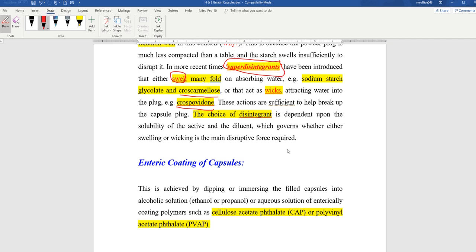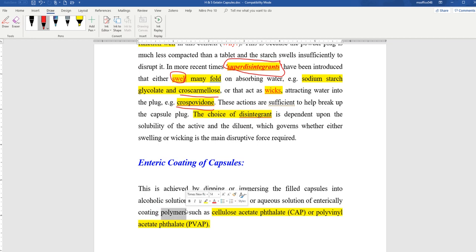If we want to do it, then after filling the capsule shells with the formulation and closing the capsule, we can immerse or dip the filled and closed capsules in either ethanol or even an aqueous solution containing the enteric coating.